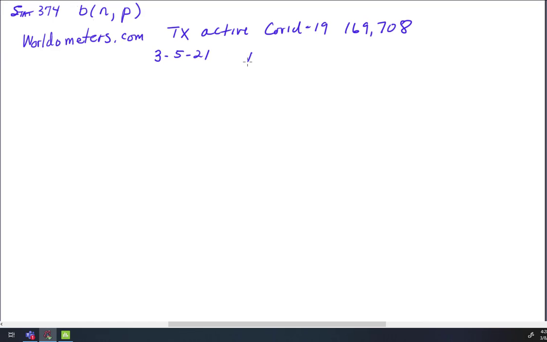Now the population in Texas at about this moment is 29.4 times 10 to the 6 people. And this, of course, would be people also.